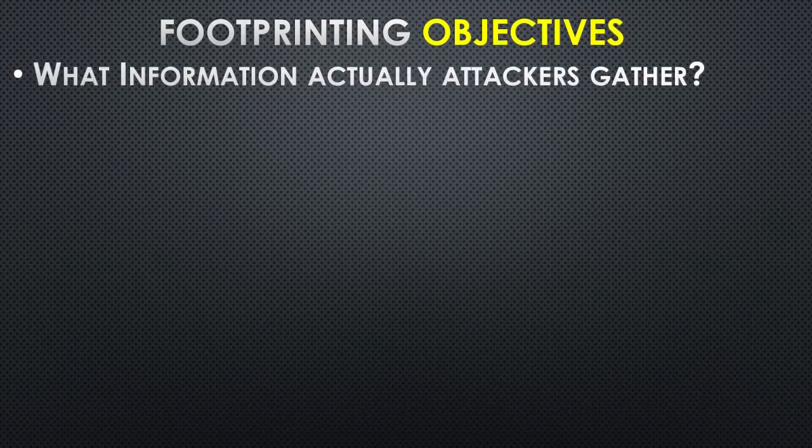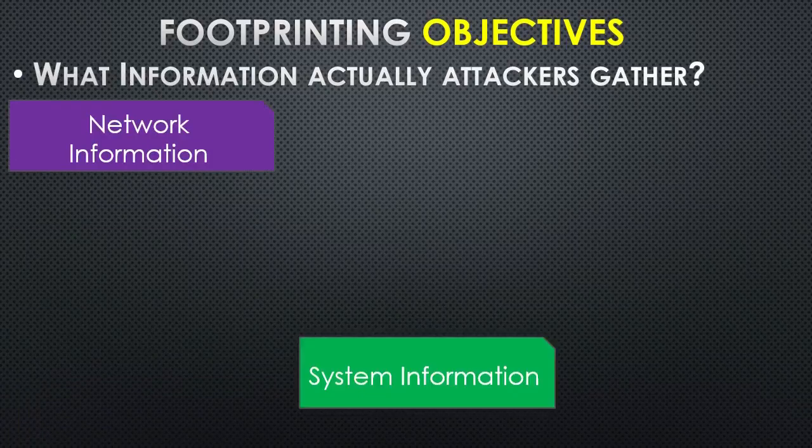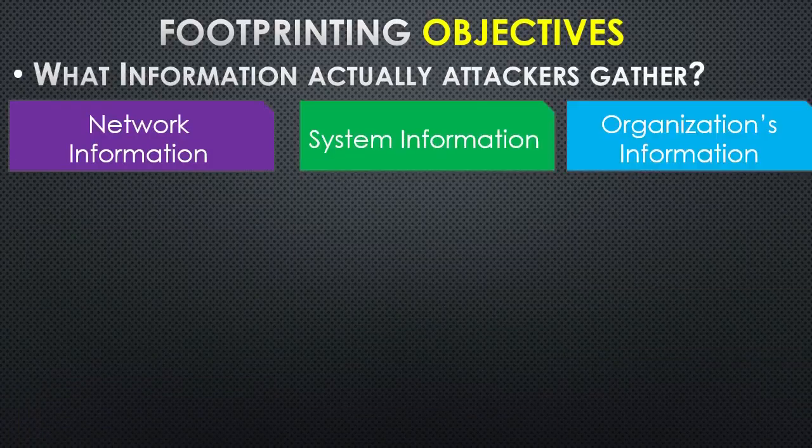Okay, now we are going to see what information is gathered about the target during the footprinting and reconnaissance phase of pen testing. We can classify this into three: network information, system information, and organization information.